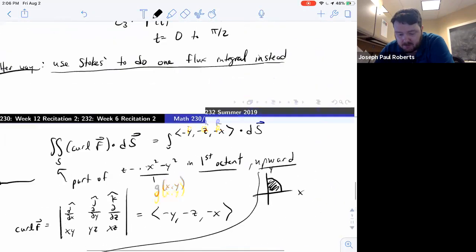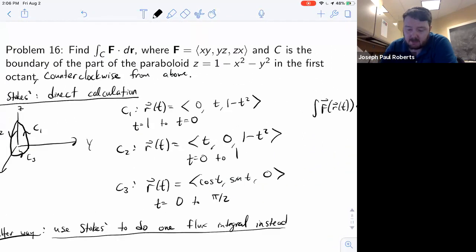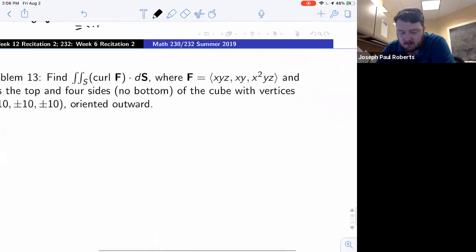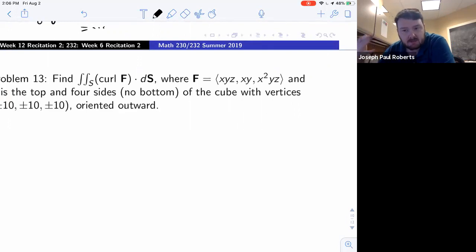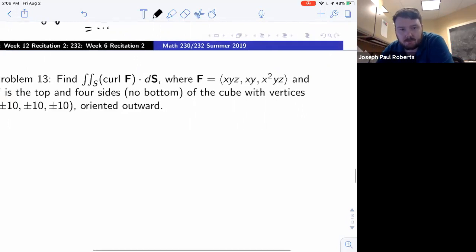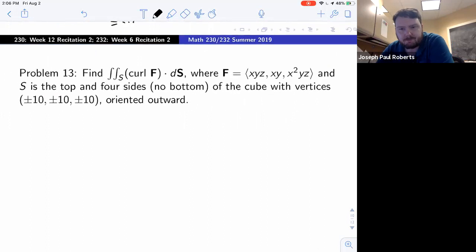So the previous question we did was asking for the work of F. This one is asking about the flux of curl F. So it's a different type of question. It's related. It's still going to utilize Stokes' theorem for the best solution. But those are the details you're going to want to pay attention to.